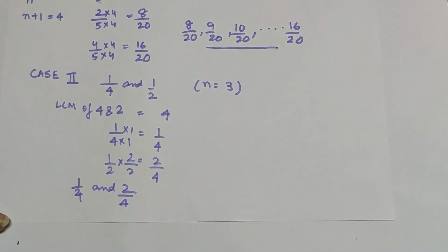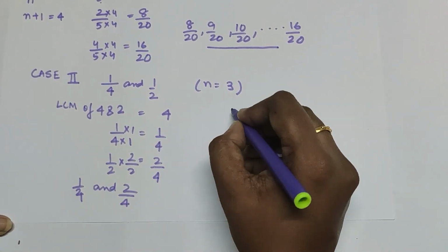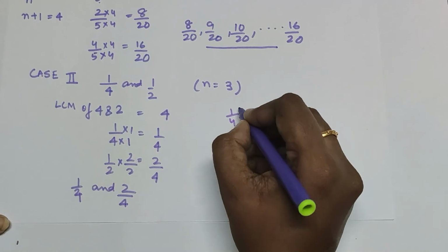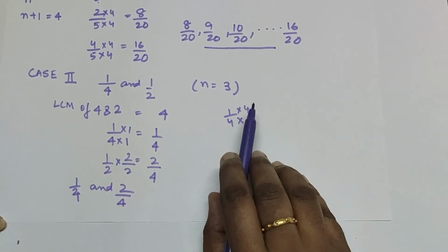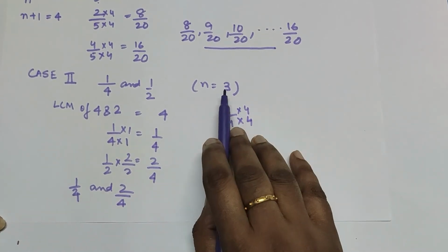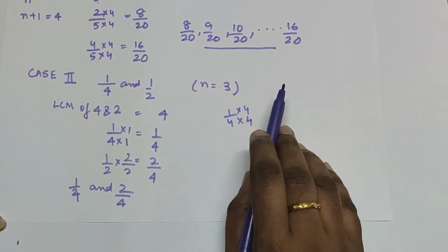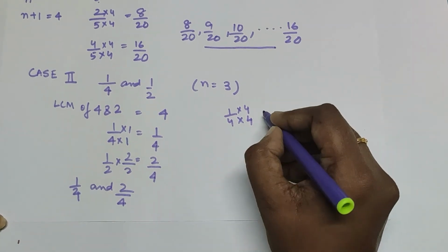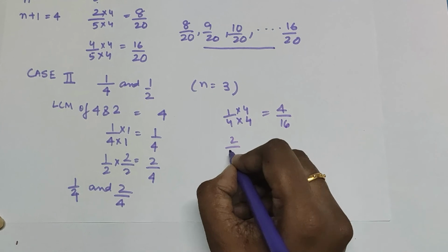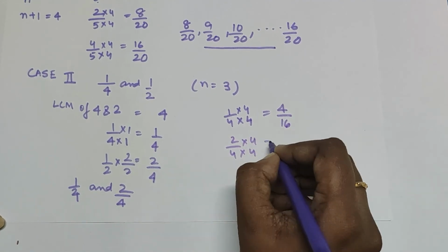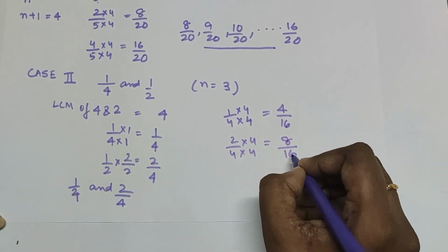So our next step will be 1/4 multiplied by 4/4, because in the question it is asking to insert 3 numbers, we are doing 3 plus 1, which is 4. If it asks for 6 numbers, you will do 6 plus 1, 7, and multiply. So our result will be 4/16, and for 2/4 multiplied by 4 in numerator and denominator, 8/16.